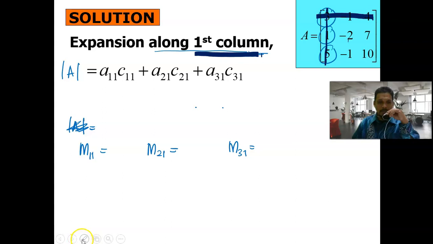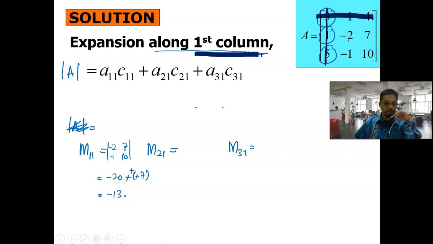So now for the minor of this, we got negative 2, 7, negative 1, and 10. So negative 2 times 10 is negative 20, minus 7 times negative 1 equal to negative 7. So negative times negative is positive here. So negative 20 plus 7 equal to negative 13.